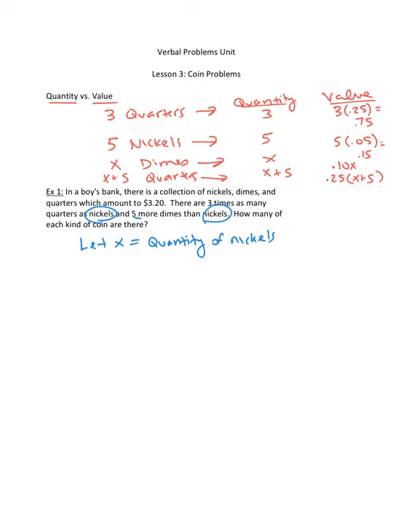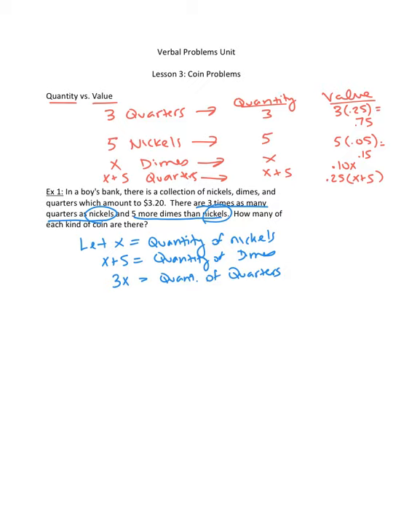And there are 5 more dimes than nickels. So I have X plus 5 is my quantity of dimes. And there are 3 times as many quarters as nickels. So I have 3 times X is my quantity of quarters.